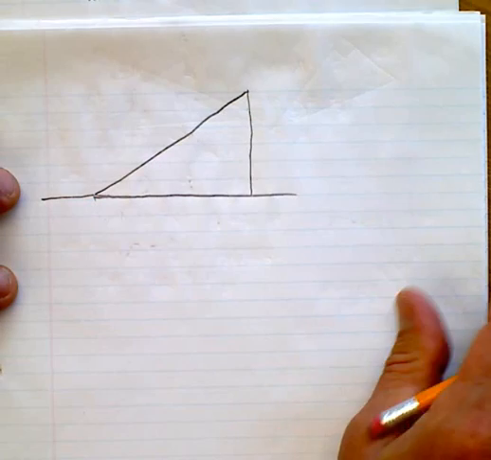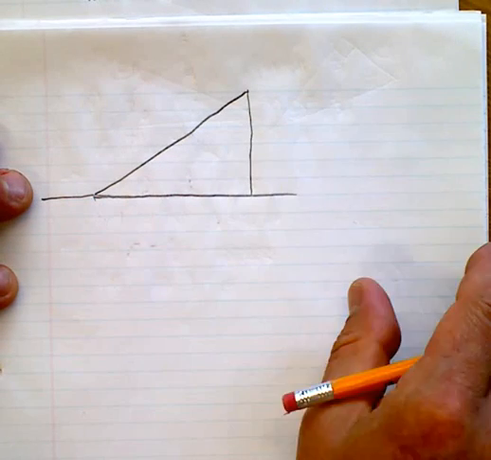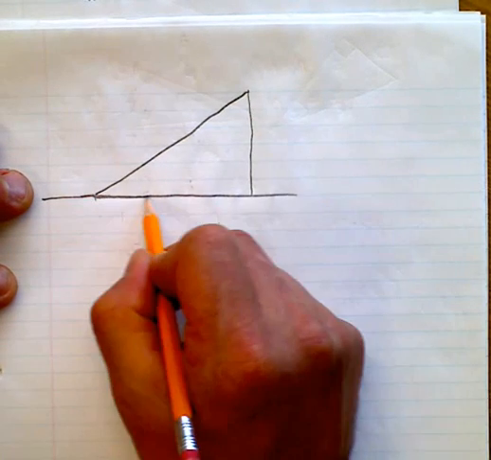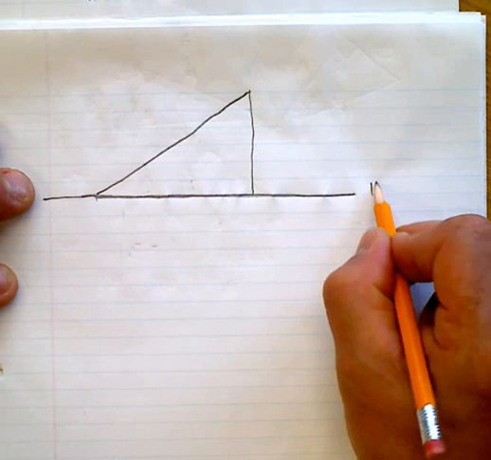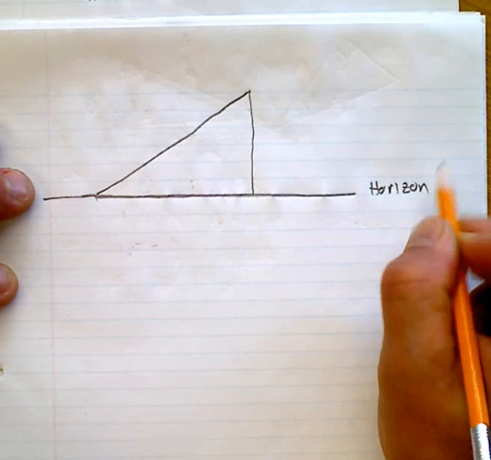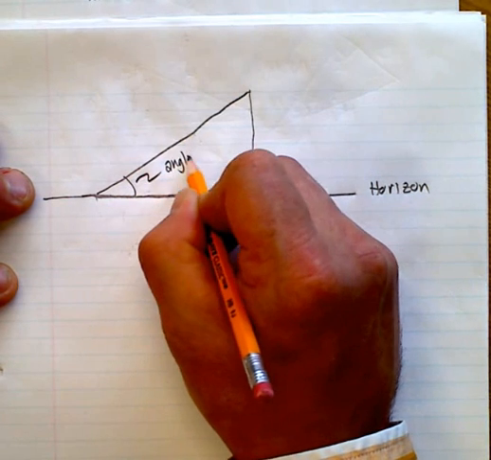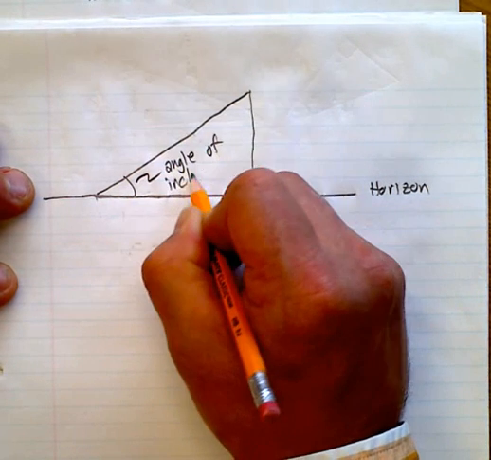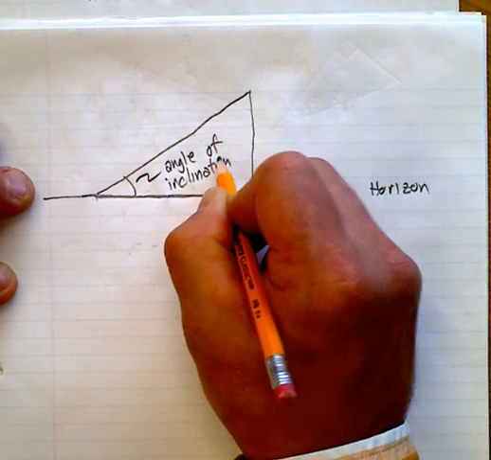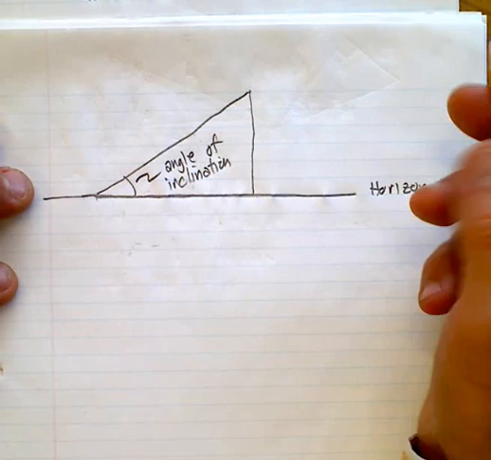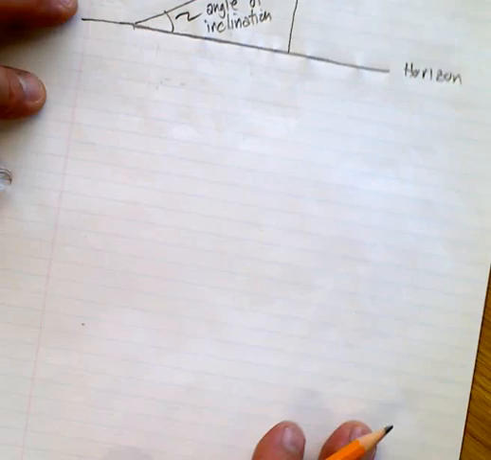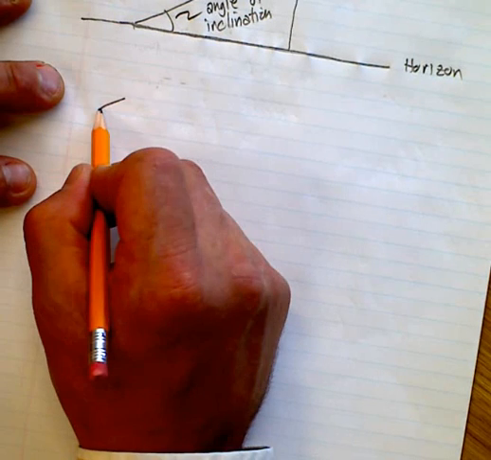And what that means is that it's measured from the horizon up. Okay, so this right here is what they call the angle of inclination, and it could also be called the angle of elevation. There's another way to look at this. Say this is your eye right here.